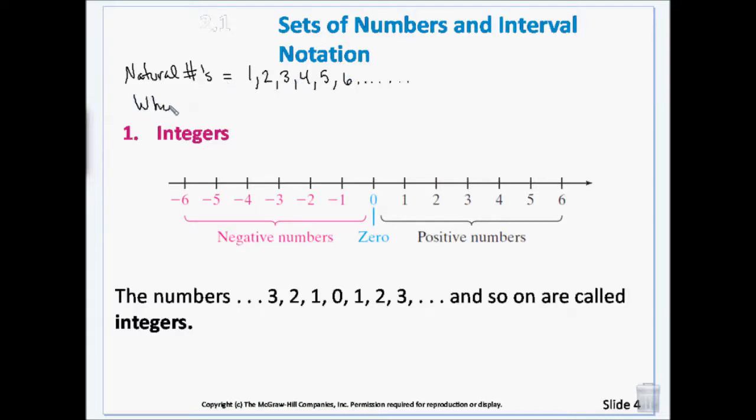And then the next thing we get are whole numbers, which are kind of like the natural numbers, except we start with 0, and then they go forever. So integers, the negatives didn't copy, weird. Integers are all of the positive and negative whole numbers.